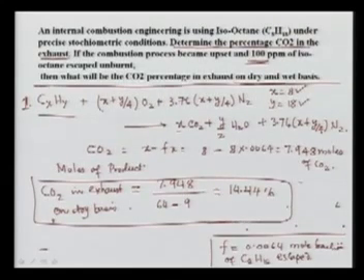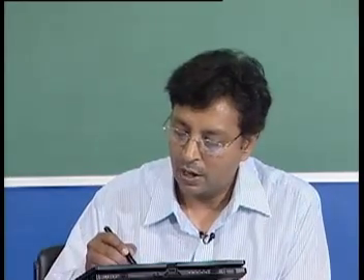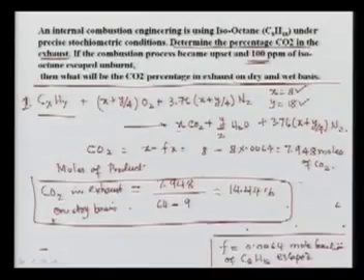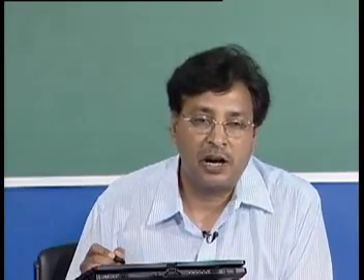What is the difference that we have done? We are not considering the water, and that has the 9 moles. Where are the 9 moles coming from? Y by 2. Y is 18, and 18 by 2 is 9. So in the exhaust we are not considering the moles of water, which means whatever the concentration, that will be on the dry basis.